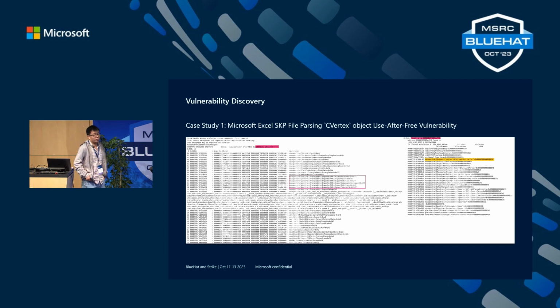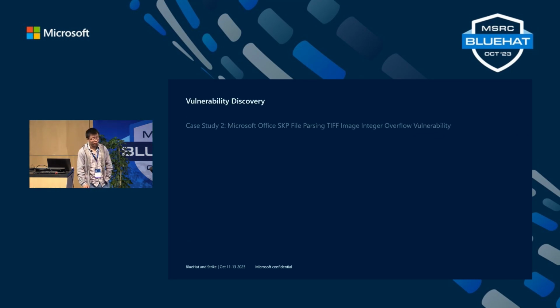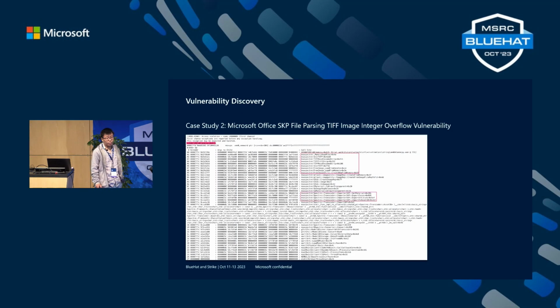So at the end of the vulnerability discovery section, I'd like to give you a couple of case studies. This is the first case study: the SketchUp file parsing CVertex object use after free vulnerability. The second one is the SketchUp file parsing TIFF image integer overflow vulnerability. As you can see, the crash occurred in the memory copy function.